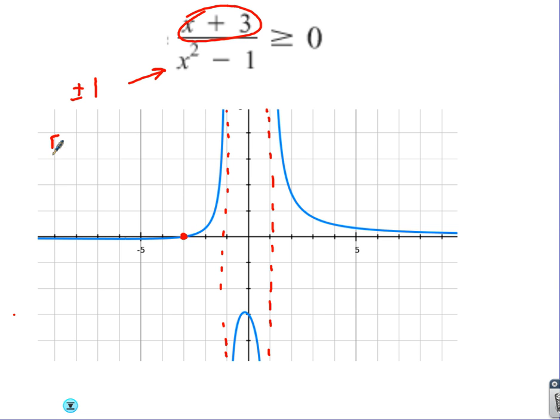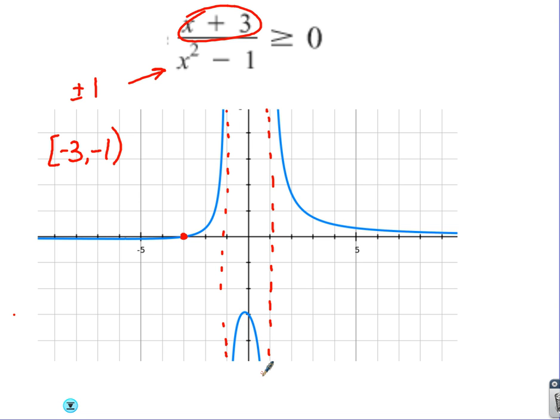So from negative 3, since it does include it, or equal to, from negative 3 to negative 1, I know that in this interval we're above it. But from negative 1 to positive 1, see where your graph is? It's below it.